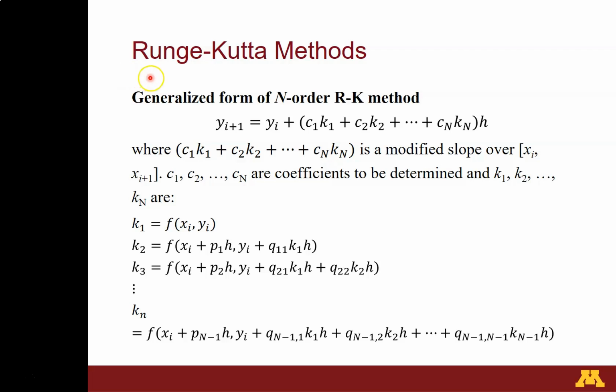This is the general method. See, this is the iteration, the general form. yi plus 1 equals yi, right? This is the same. The difference is here. So this is the general slope of the Runge-Kutta methods.